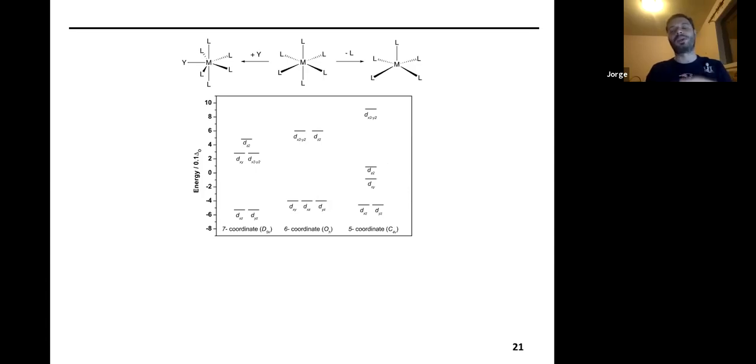With that, we can decide: if the system moves towards one of the geometries and gets more stable, the reaction happens. If the system moves towards a less stable state, the reaction will not happen.